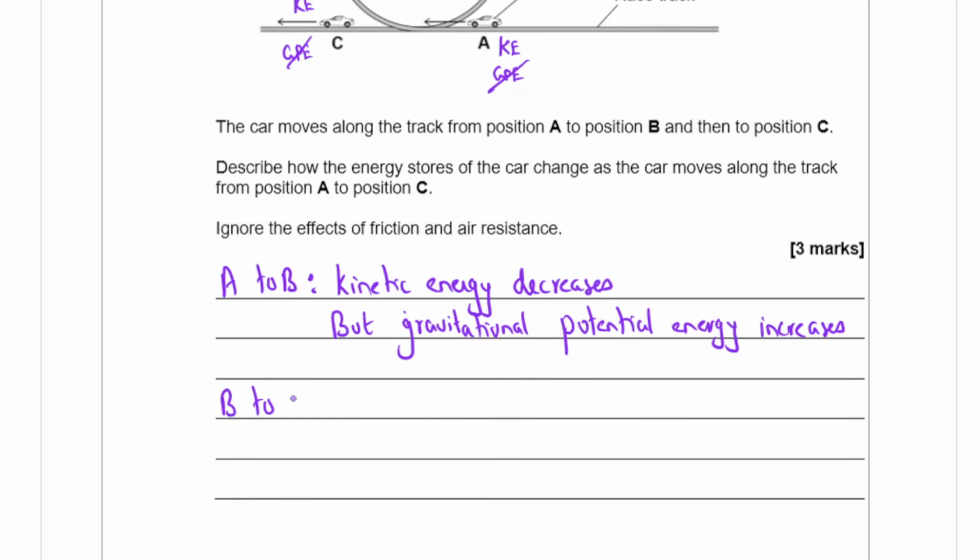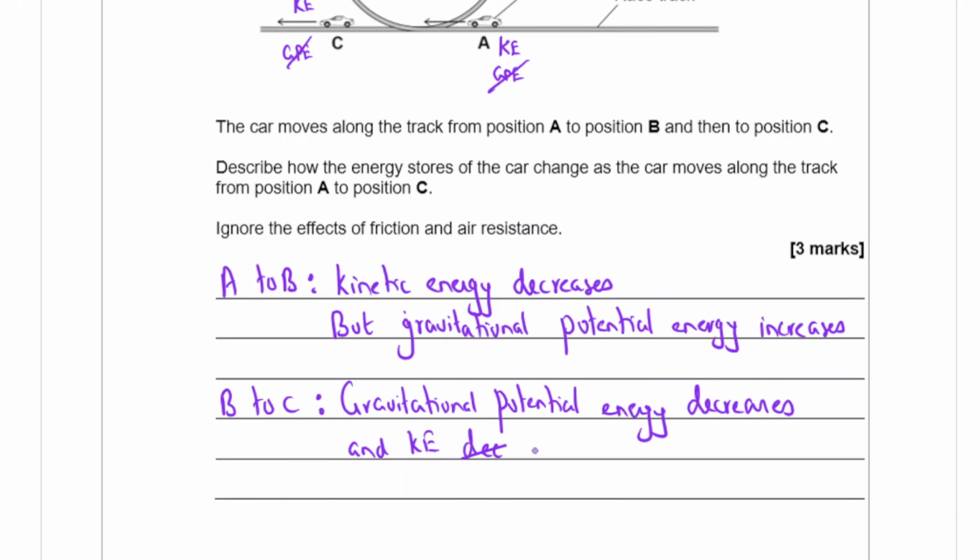B to C: gravitational potential energy decreases, and let us say KE, kinetic energy, increases.